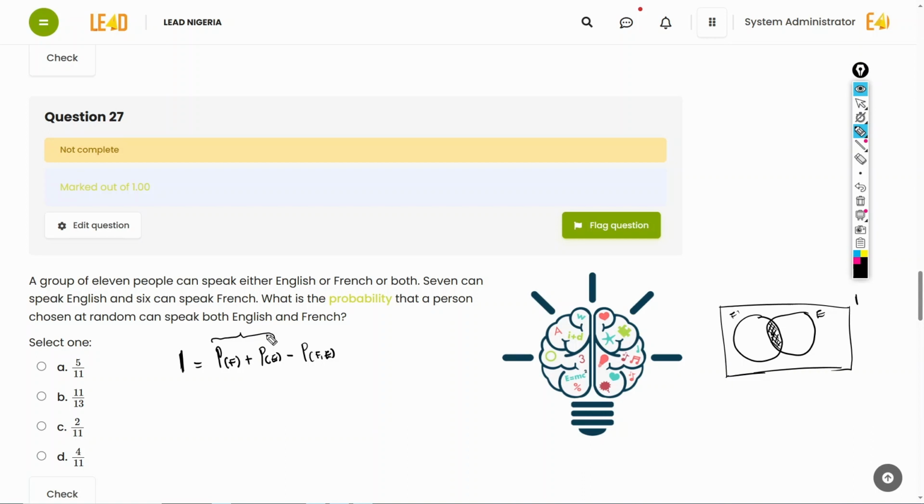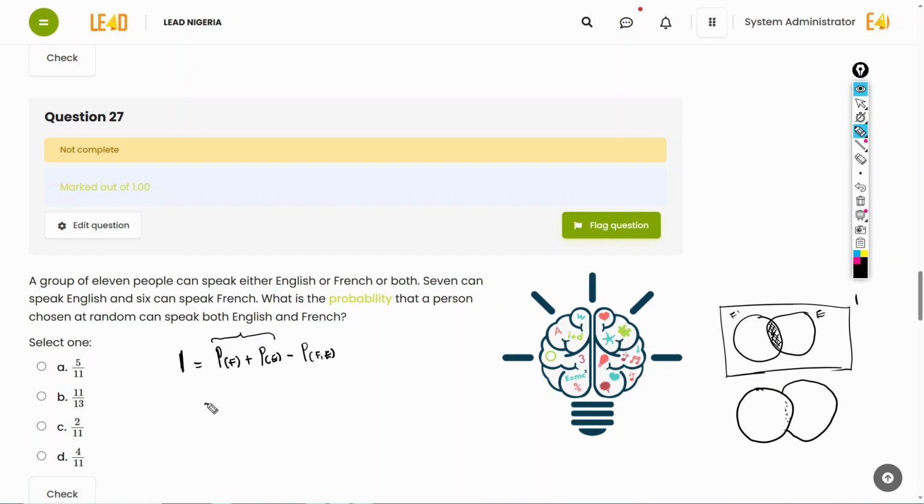Inside English, that portion is also there. So to be fair, you have to subtract it once so that portion can happen just once. So that is either you will be adding something like this for French, and then for English, because you have subtracted this portion from English, then English will just be like this. So that way you would not have to have summed up this part twice.